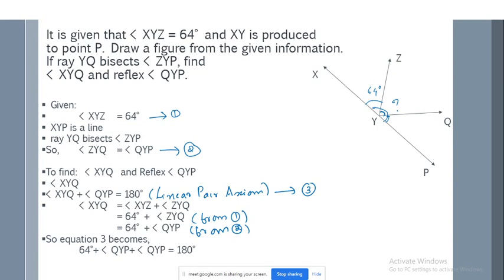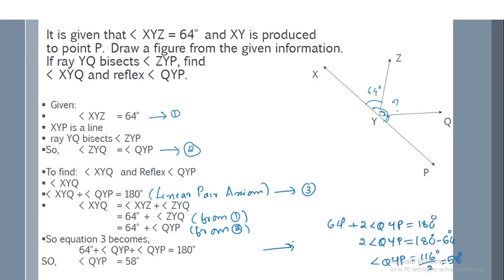So we got angle QYP to be 58 degrees. Then consider angle XYQ, that is the one we need to find. Angle XYQ is equal to the sum of two angles, angle XYZ plus angle ZYQ.